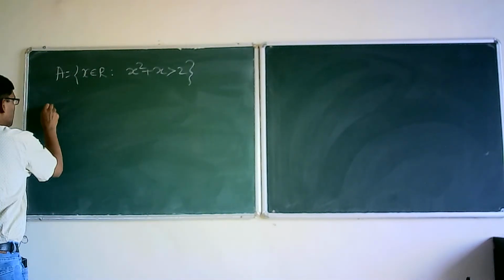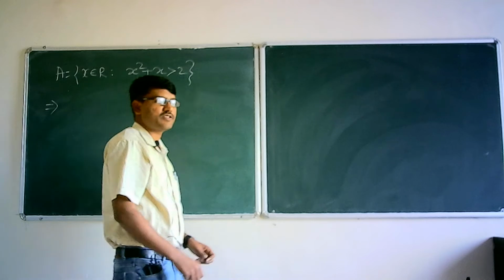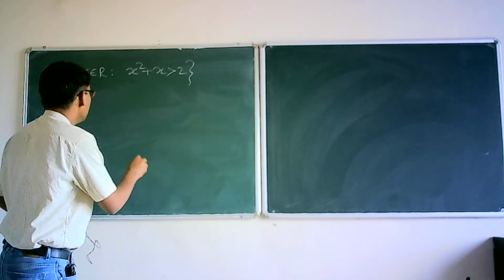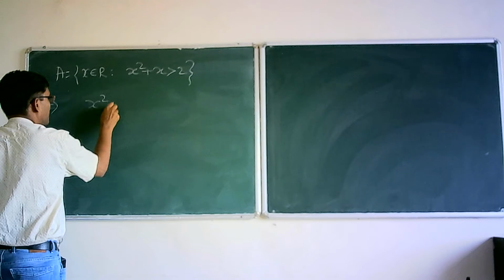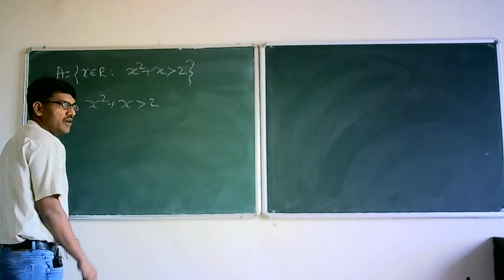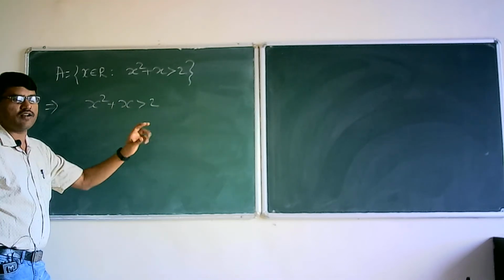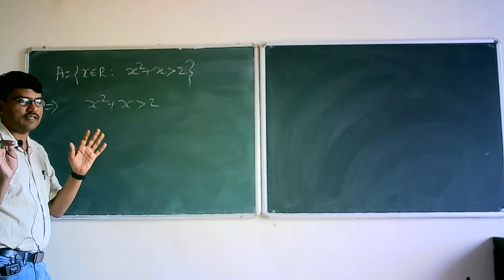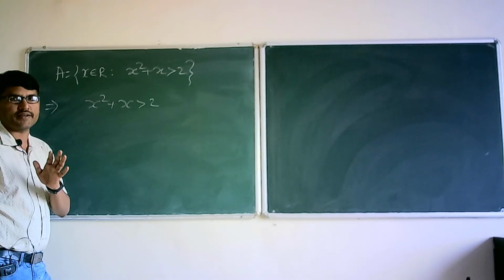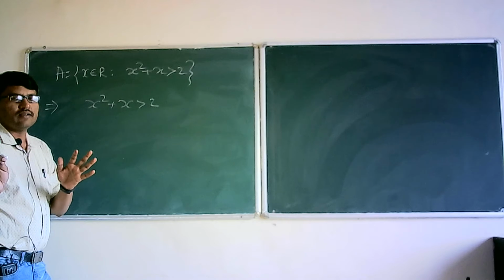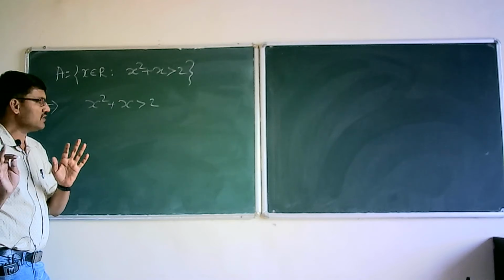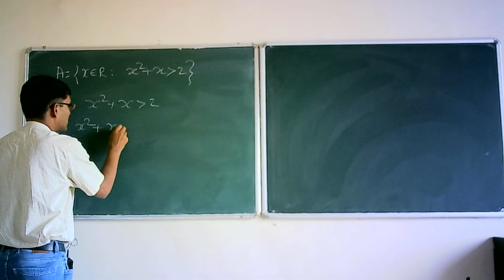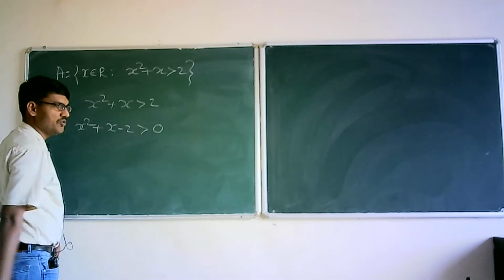Again, we want to determine all values of x which satisfy this inequality. Given x² + x > 2, now subtract 2 from both sides. What happens when you subtract 2 from both sides? The sign does not change. The sign changes if you multiply by a negative number; otherwise, in many cases, the sign remains the same. So here, x² + x - 2 > 0.